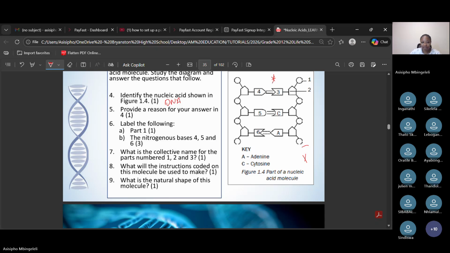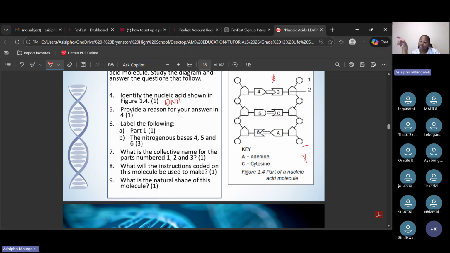I said it contains the base adenine and pairs with cytosine, and it shows as a double-stranded molecule. Okay, just read your answer for me again, please. It contains the base adenine and pairs with cytosine, and it shows as a double-stranded molecule. Okay, the first part of the answer would be considered incorrect.